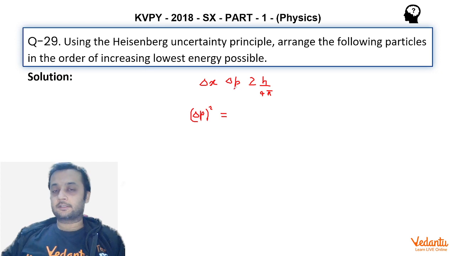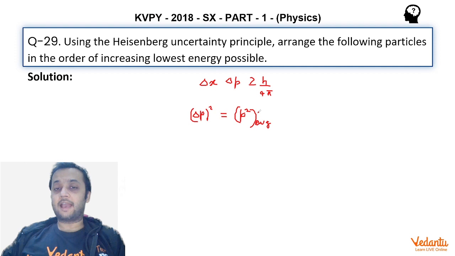So if we want to apply the result for this variable, delta p squared will be equal to the average of p squared.